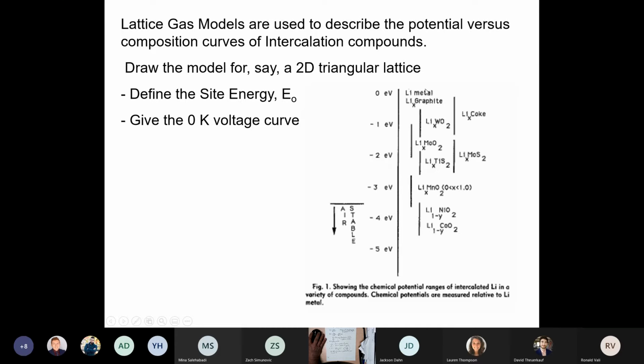It's bonded relative to lithium in lithium metal by about 2 volts. So we define something called the site energy, which is the energy difference between a lithium atom in lithium metal and a lithium atom occupying a site within the host. That's the site energy. So I'll go back to my notes and show you what I mean.